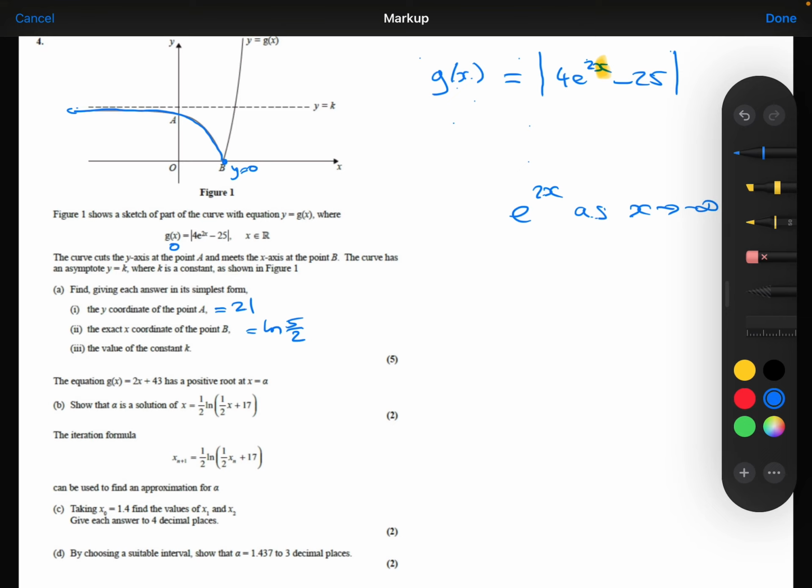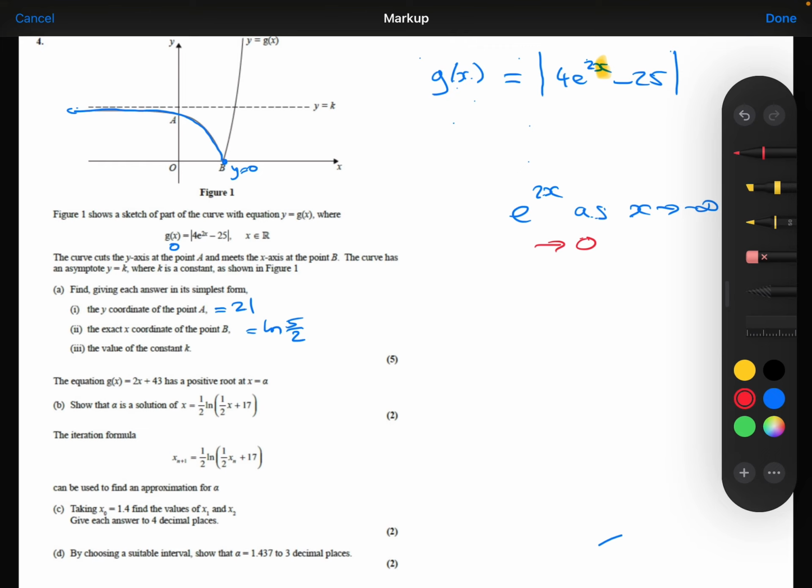If we think about what the e to the power x graph looks like, it just looks like this, doesn't it? This is the e to the power 2x. So as x tends towards really big negative numbers, this graph tends towards 0.